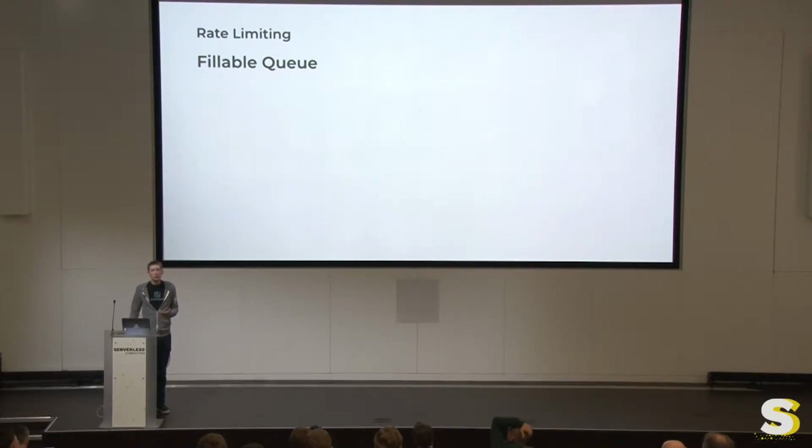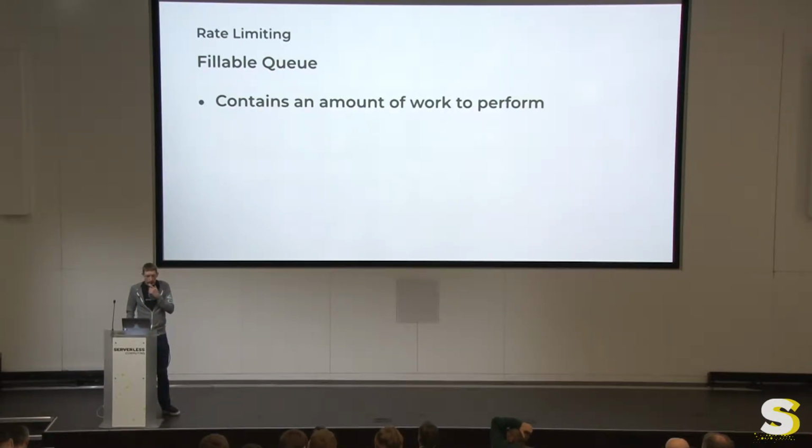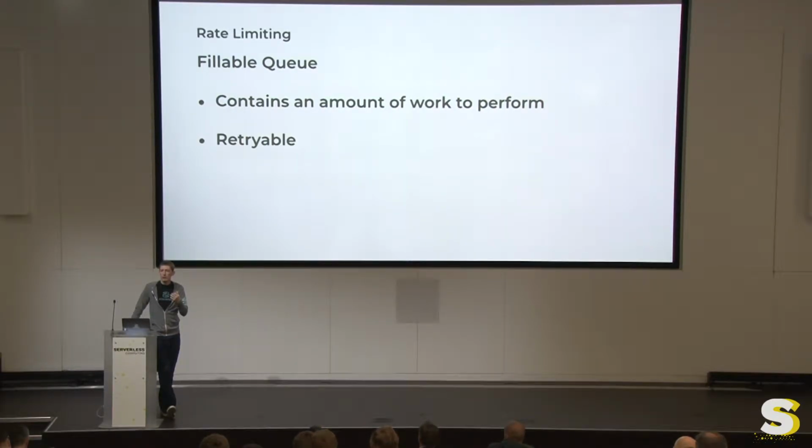A fillable queue. It's not really a technical term, but it's the concept of having a queue somewhere where I just keep adding messages at a steady rate. As I add messages, that will inherently invoke functions that are waiting for messages from the queue. Most of these queues have aspects of being retryable.